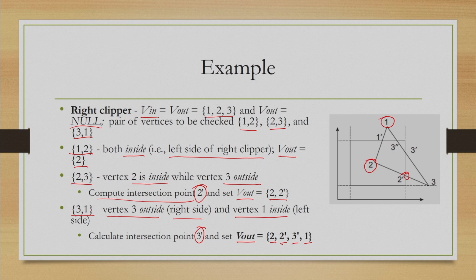So, after checking against the right clipper, we get this output list: 2, 2 dash, 3 dash, that means this point, and 1.